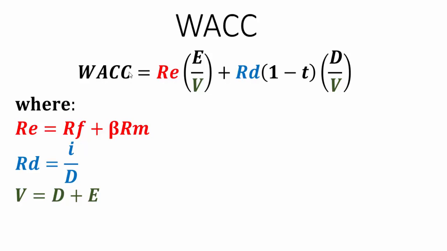The WACC is the opportunity cost of capital, RE, times the ratio of equity to value of the company, plus the cost of debt, RD, times the tax shield, 1 minus T, times the ratio of debt to value.